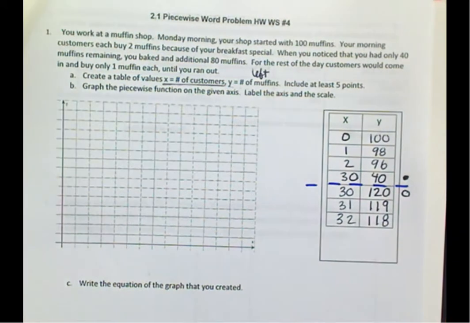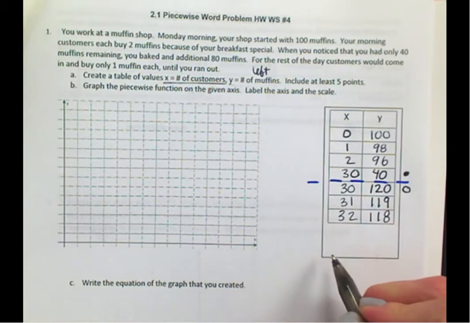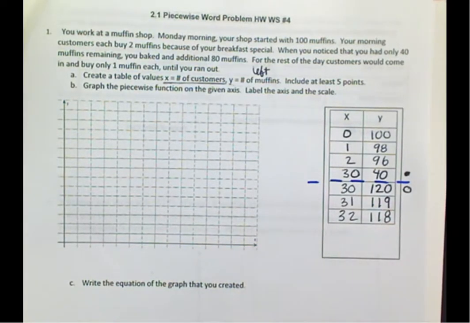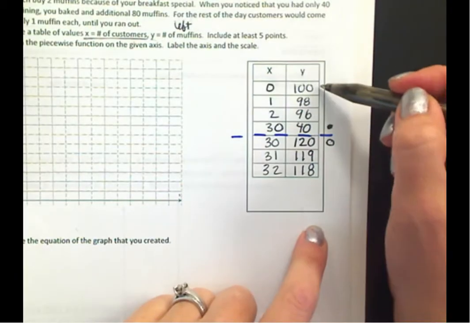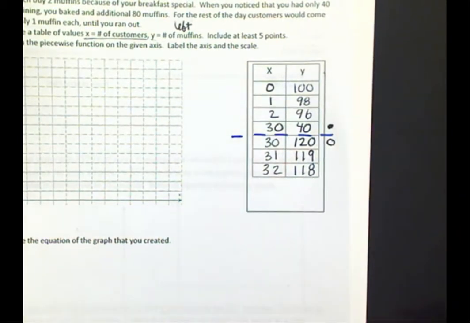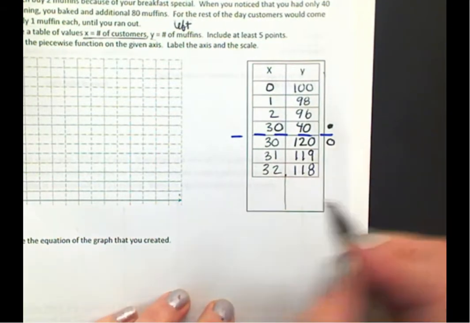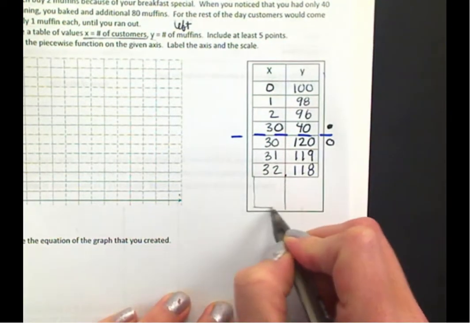Okay. Domain and range. Mins and maxes. What could the possible max input be? What could the possible max or min output be? Think about it. Do you know any of the maxes or mins for the input or the output?